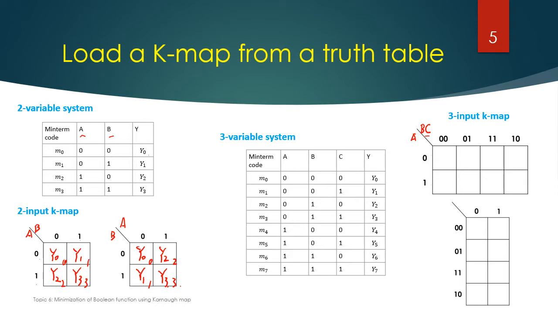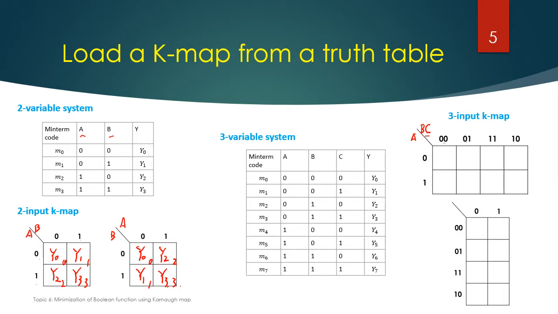But something you must be careful about is that the K-map uses something called Gray code. We will talk about what a code is later on, but here what we need to know is that for the Gray code, the feature is that adjacent values of the variables can only have 1 bit of difference.